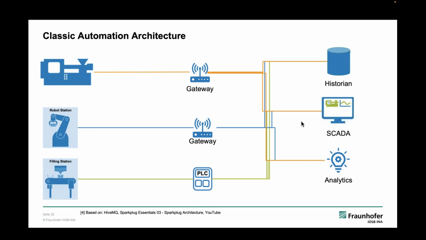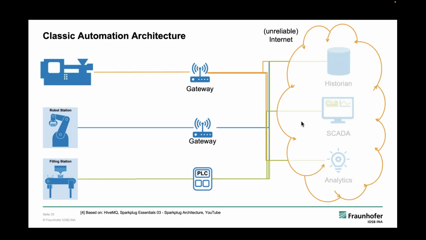So a lot of manual effort involved, and also this network architecture just does not scale. And it gets even worse. So these systems more and more are in the cloud, and there we of course have the unreliable internet, and connections suffer unreliable networks. So connections might not even be possible. There are firewall restrictions. And this is, of course, also a big challenge.